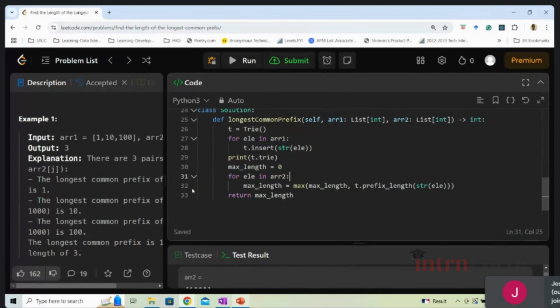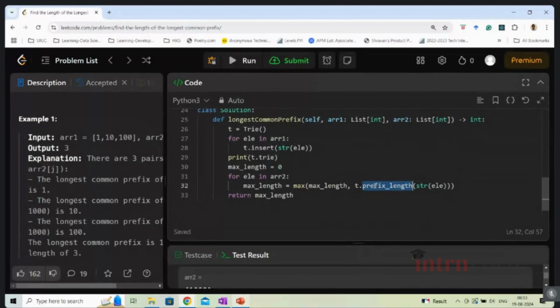What we can do is just compare every element in array 2 with the trie that we have created out of array 1. So we already have a trie data structure to represent all the numbers in array 1. So we will compare every number in array 2 with that trie data structure and find the maximum prefix length.